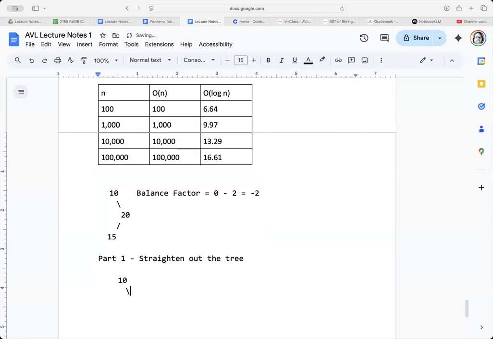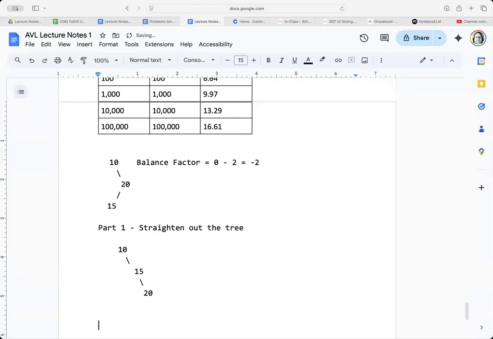We're going to go ahead and straighten out the 15 here, and we're going to put the 20 there. Okay. So part two is do a left rotate in this case. Okay, so we moved 15 to the right, so we're going to call this a right rotation.